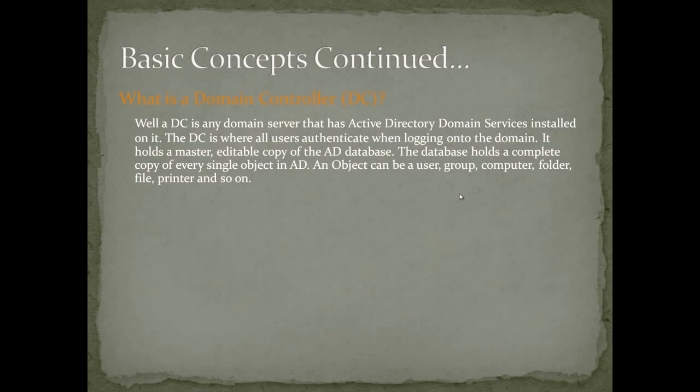And the database holds a complete copy of every single object in Active Directory. And an object can be a user, group, computer, folder, file, printer, whatever. That's what an object is. And objects have attributes like your name, your last name, department, email address, just things of that nature.